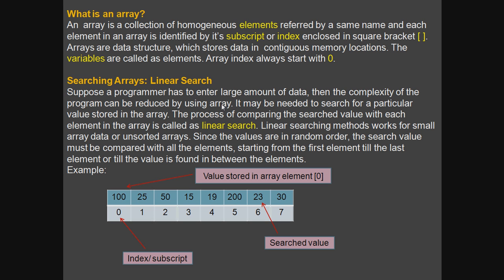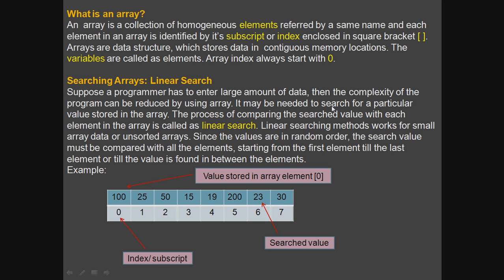If you have to enter the marks of 100 students, then the length and complexity of the program increases. But just by declaring int num with the subscript 100, you can create 100 array elements. Like that you can reduce the complexity of a program by using arrays.